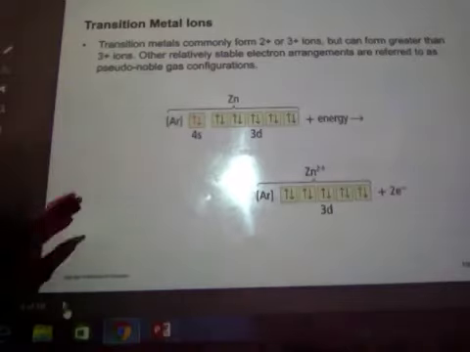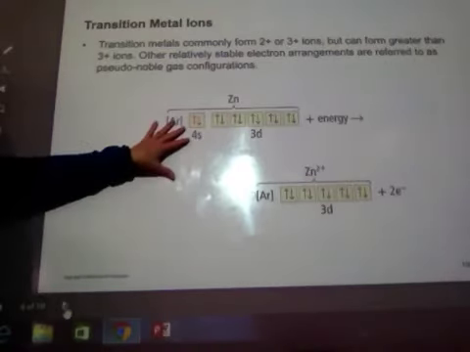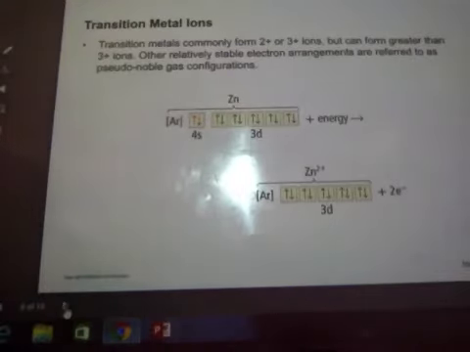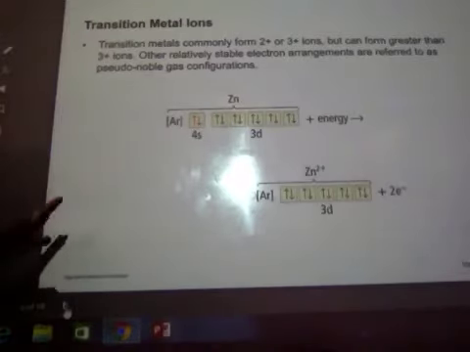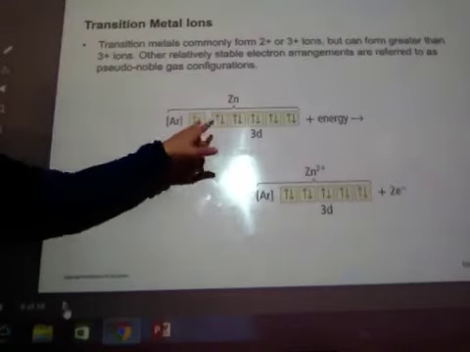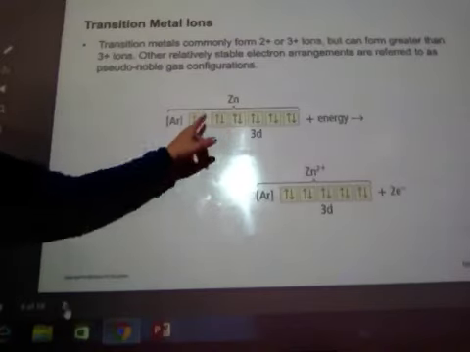Transition metals. Transition metals are a little bit different. They're metals, so they're still going to be positive always. But sometimes they'll have a +2 charge, +3 charge. Silver can have a +1 charge. So it kind of depends on their electron arrangement.